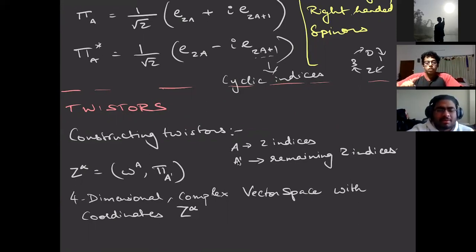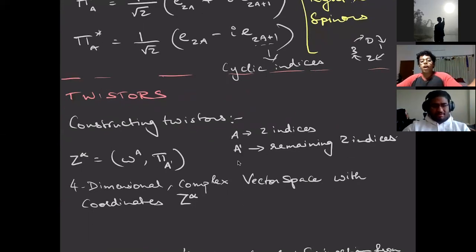So A is actually one index, but it talks about the other two, the vector plane that is orthogonal to that particular index, right?